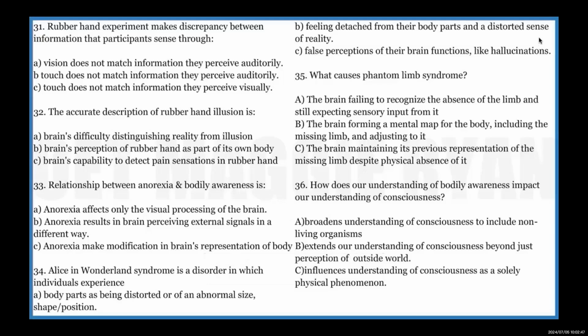Can we talk more about bodily awareness and the rubber hand experiment? Sure, what would you like to know? I find it fascinating that the brain can disassociate from its own hand and think a rubber hand is its own. Why does the brain do that? Shouldn't it know where our body is and what's real and what isn't? Well, bodily awareness is actually very fragile, and our sense of body ownership and control over our bodies is based on limited information.